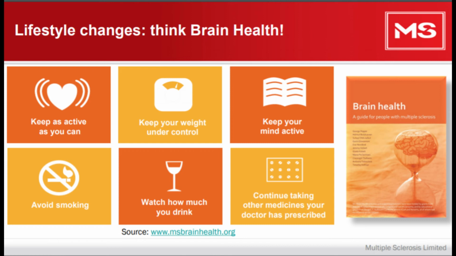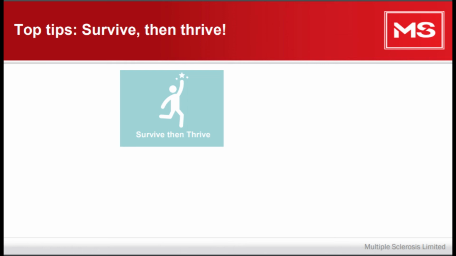So what we're looking at is encouraging, or some top tips for you to live well with MS can include making sure that you're looking after the basics, which is very much what we've just covered in the previous slide.